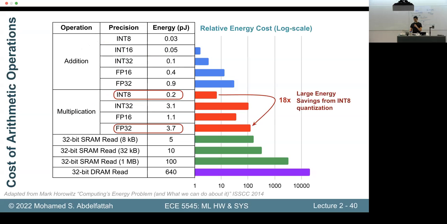Going from int 8 to FP32, comparing a reduced precision integer number to a full precision 32-bit number, we also have very large energy savings. And usually people will mention quantization. Of course, there are many kinds of quantization, but that's usually what happens nowadays: you go from an FP32 model into an int 8 model. And we'll talk a lot more about quantization later.